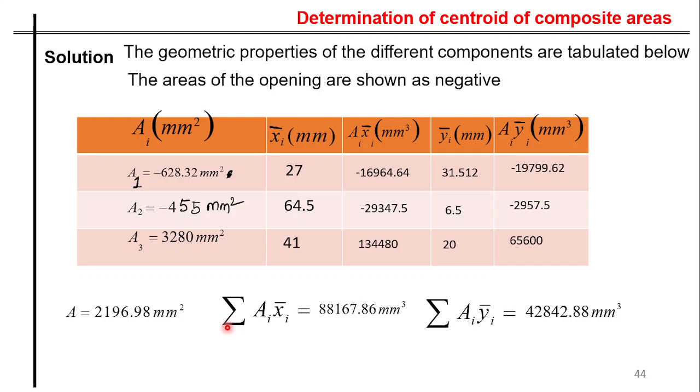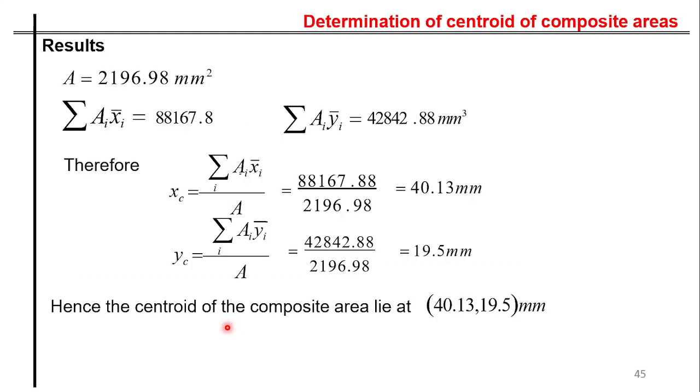This is the total area. Okay. So once you get this table done, you just need to calculate the summation values. From there, you are going to get the location of the centroidal axis. All right.